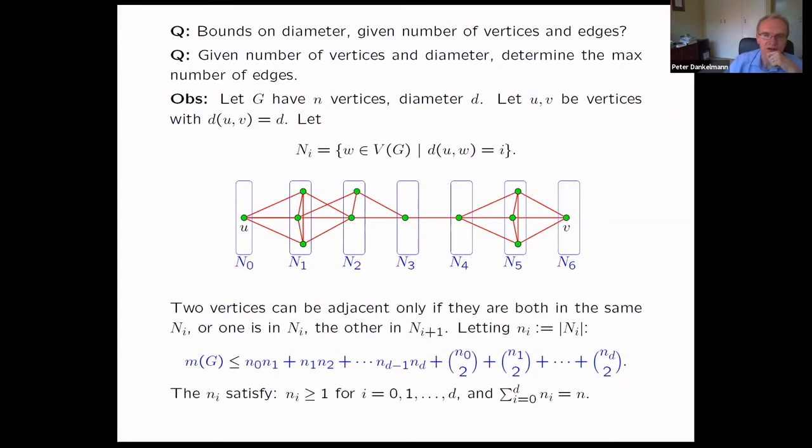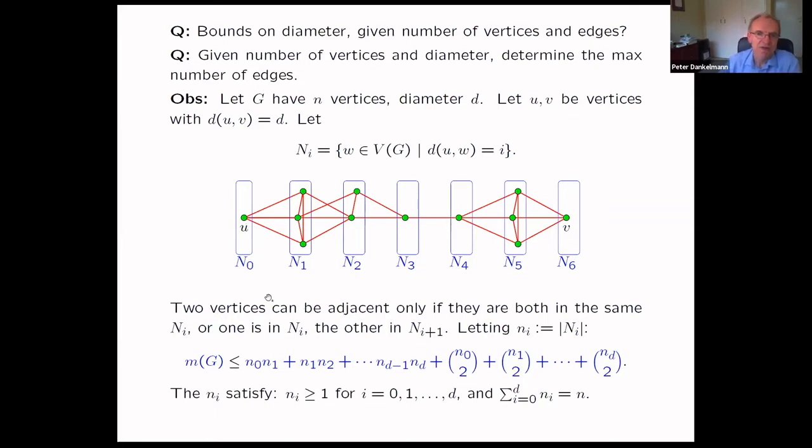Or for example, there can't be an edge from a vertex in n1 to a vertex in n4, because otherwise that edge would give us a shortcut from vertex u to this vertex in n4.